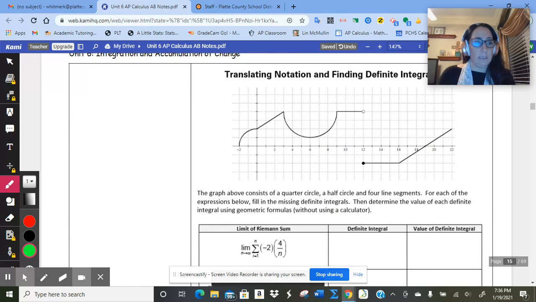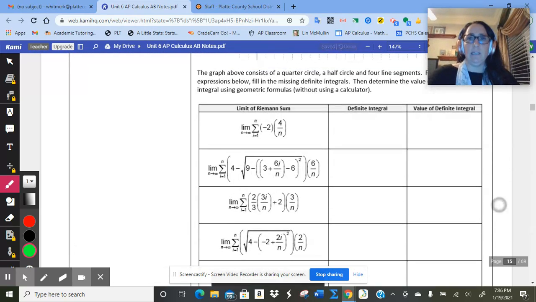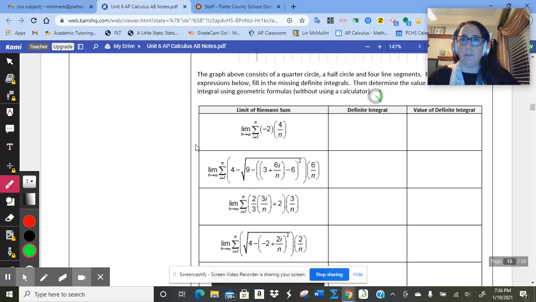So now we're going to go one step farther. We are going to write what the definite integral is, and then we're actually going to calculate it with some geometry. So first thing, I want you guys to see if you can write the definite integral now.